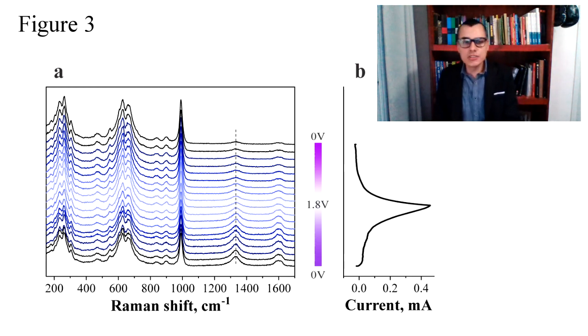This noticeable change in the D band in all spectra is shown in figure 3a in the second region. Therefore, this phenomenon may indicate a relationship between the charge storage mechanism and the D band shift.